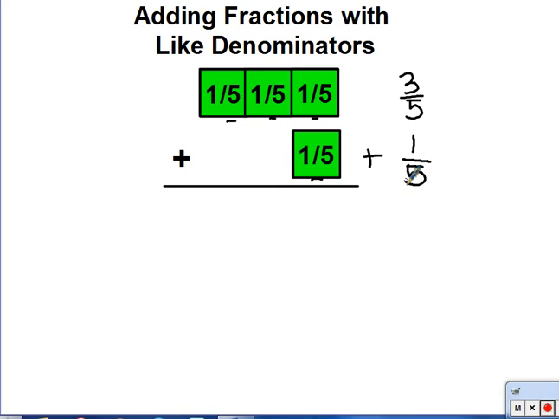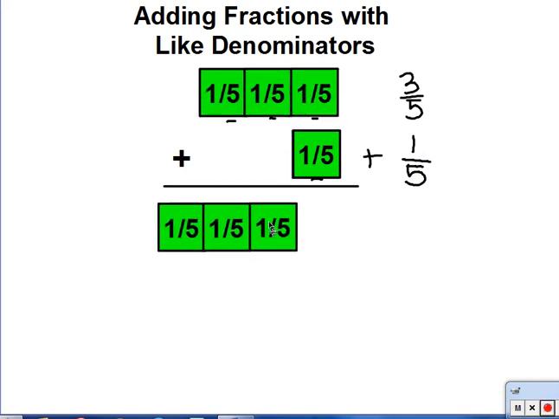So if we put those together, we have those 3/5 plus that 1/5, and we have 1, 2, 3, 4, or 4/5.